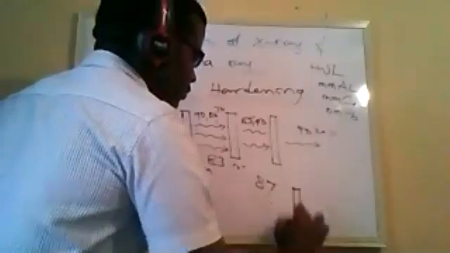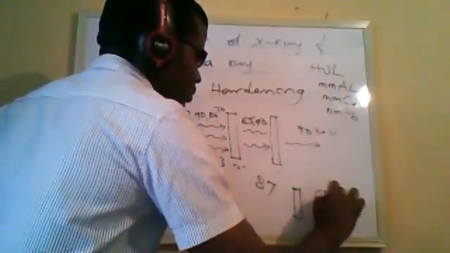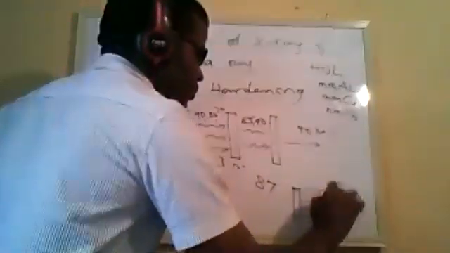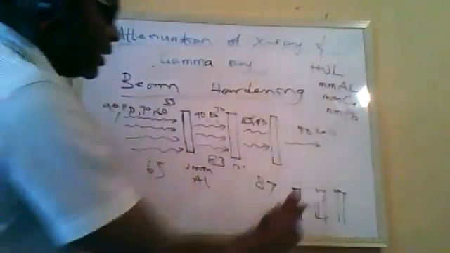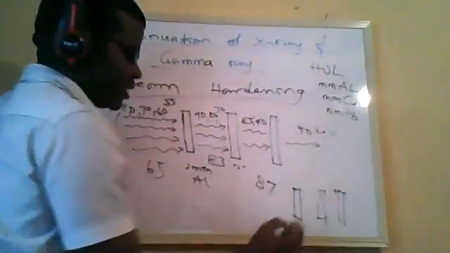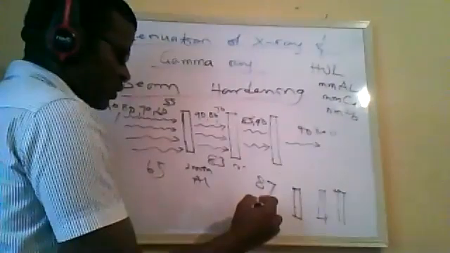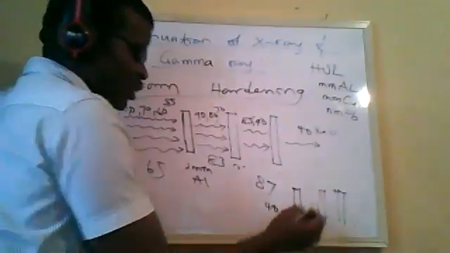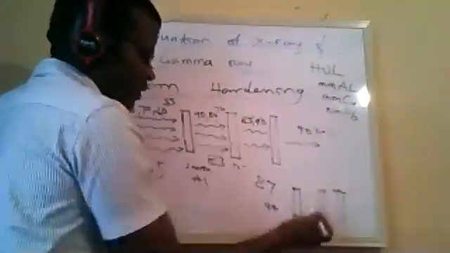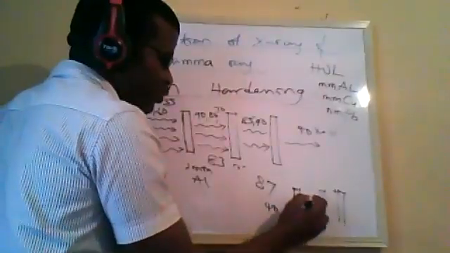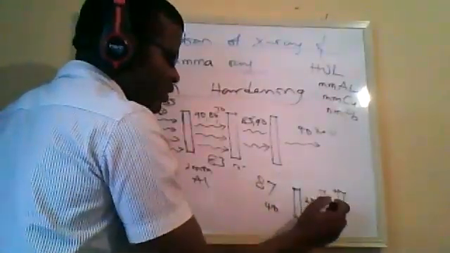For a monoenergetic beam, we won't have multiple energies. If you have 40 photons here, this one is going to remove exactly half, which is 20. The next is going to remove exactly half, which is 10.